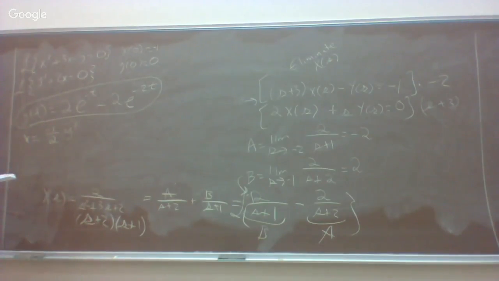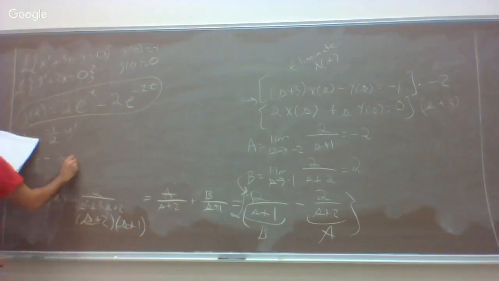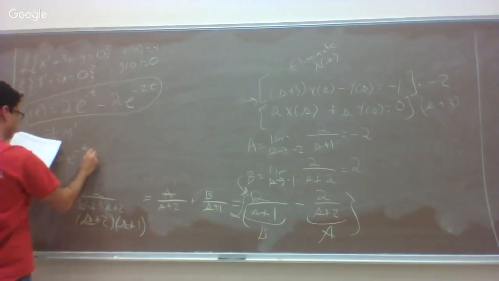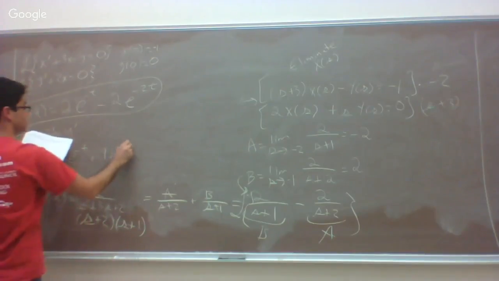Let's see, where does that come from? This equation, solving for x. My y prime is a derivative of this equation, which is -2 e to the minus t. Bring down the 2, so plus 4 e to the minus 2t.